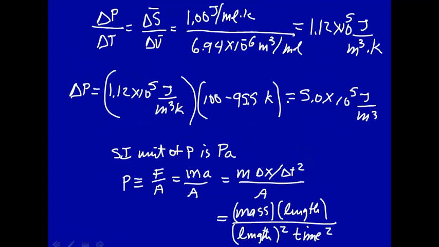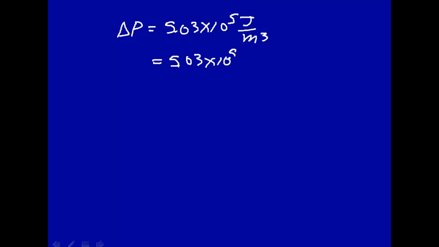We have delta P, which we calculated to be 5.03 times 10 to the fifth joule per meter cubed, and that's equal to 5.03 times 10 to the fifth Pascal.